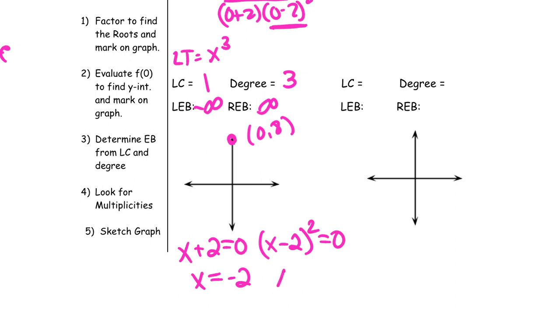The other one is going to be x equals 2, but what's different about it? It's got a multiplicity of 2. So because it has a multiplicity of 2, what's going to happen at that root? It's going to bounce.